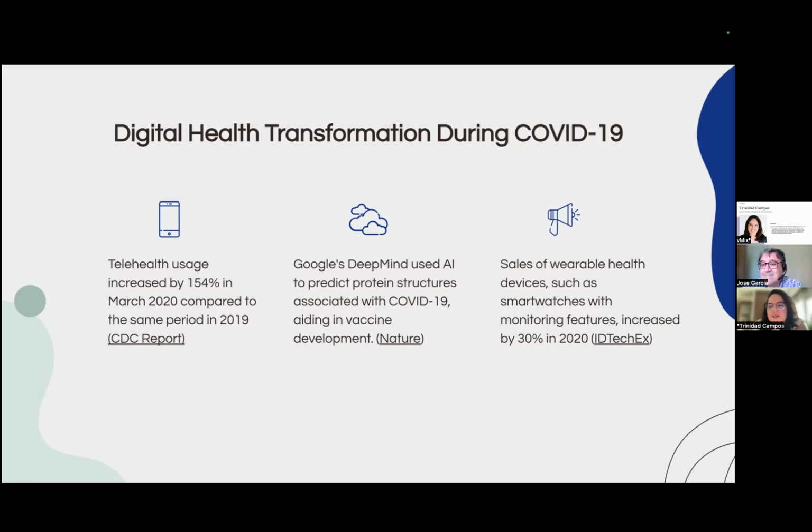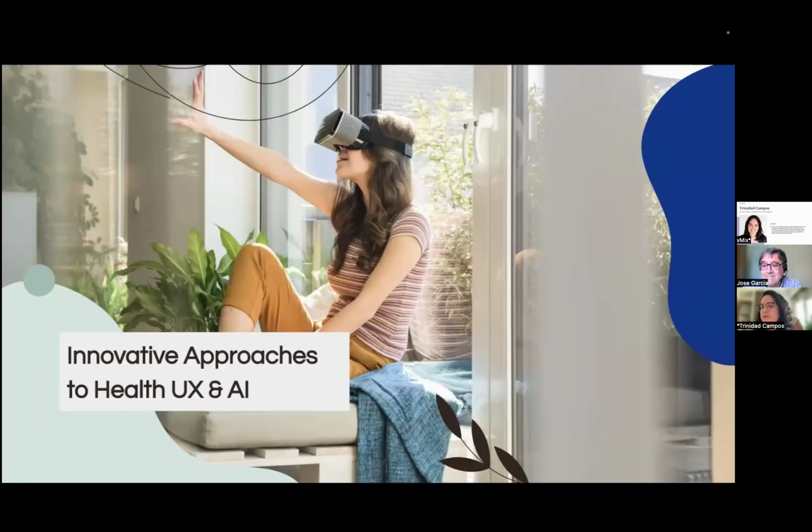Are we sleeping well? Are we walking enough? Sales of these wearables increased by 30%. These are just some numbers to contextualize where we are and why this is getting so relevant in the industry.